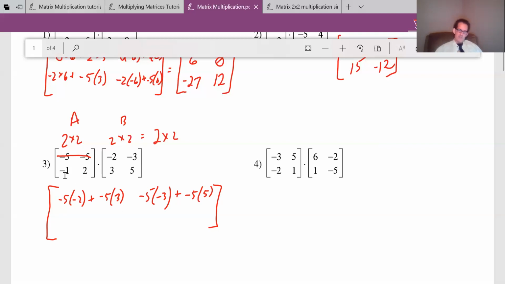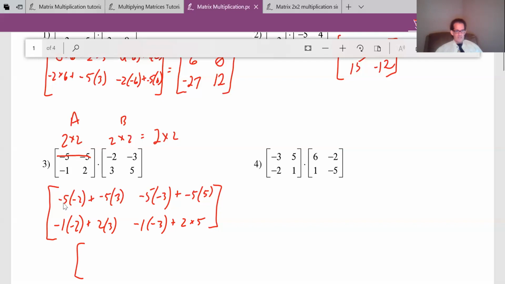So I do negative 1 times negative 2. And then I have plus 2 times 3. Okay, that's this column. Now I'm going to multiply this row by this second column here. So I have negative 1 times negative 3, and then I have 2 times this 5 over here, plus 2 times 5. Okay, so now we just have to simplify that.